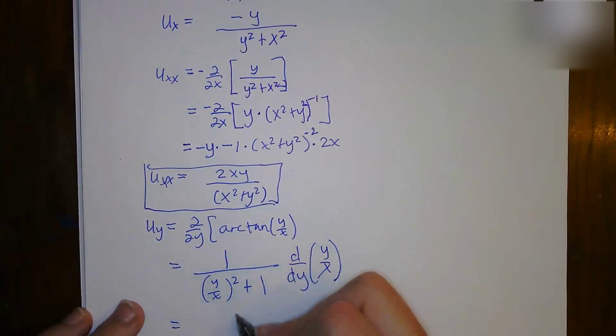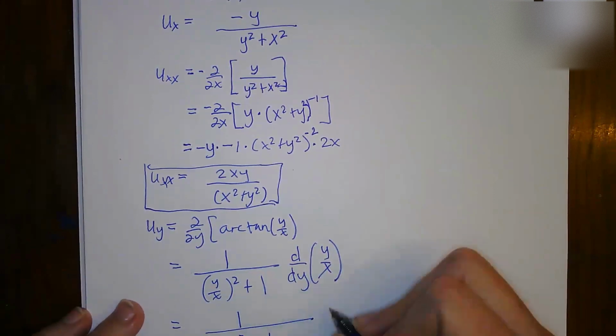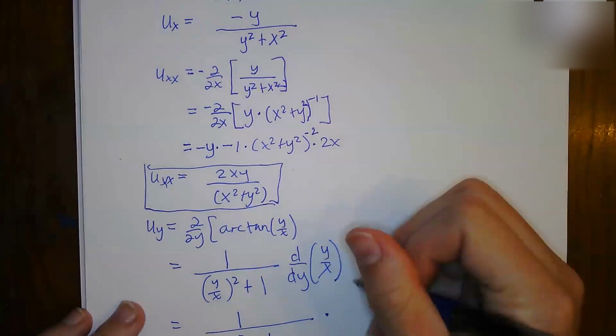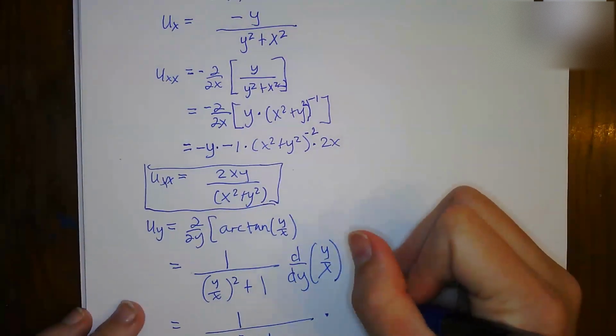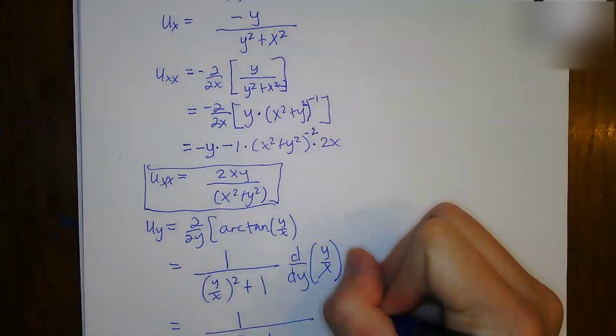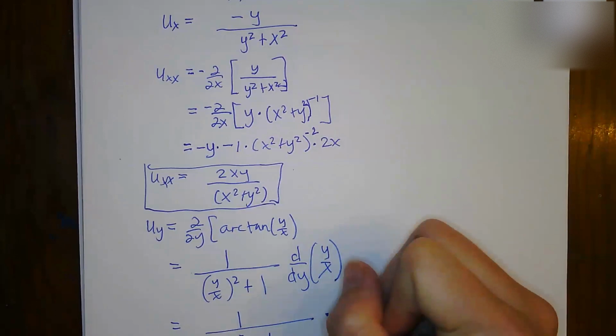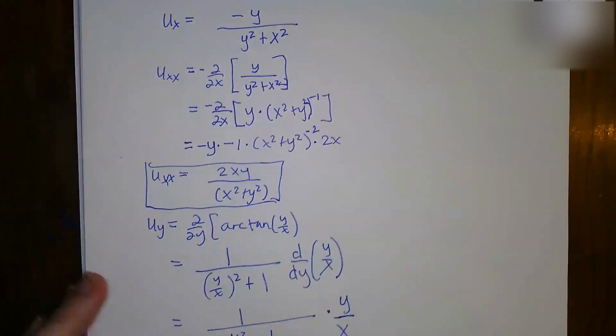And we end up with 1 over y squared over x squared plus 1, times the 1 over, well, we can keep the y, so that it becomes y times y over x, right?